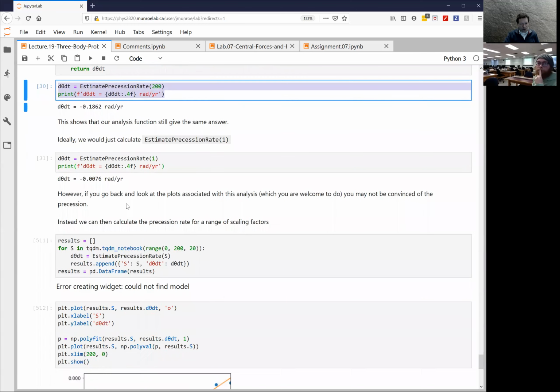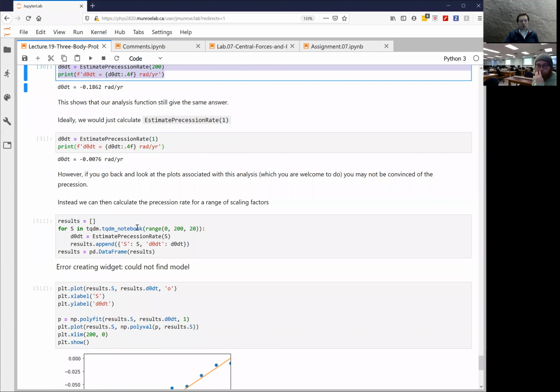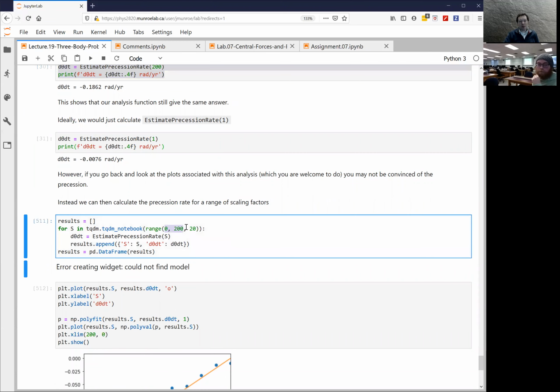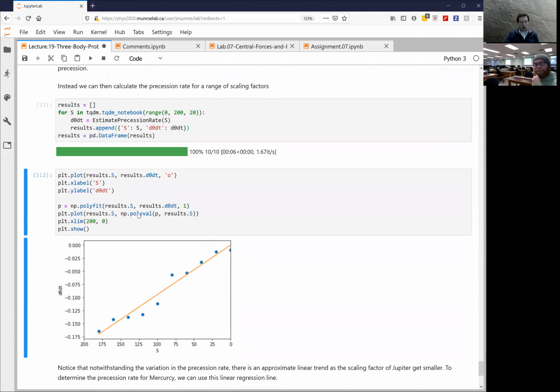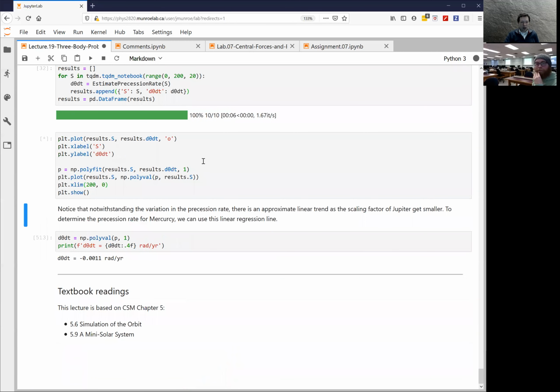We do parameter searches. So what I could do is run this program many times, having the mass change from no mass at all up to a mass of 200 times. And every time I go through the loop, do that algorithm to calculate the rate of precession. There we go, and plot it all together.